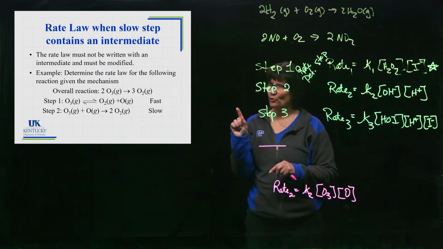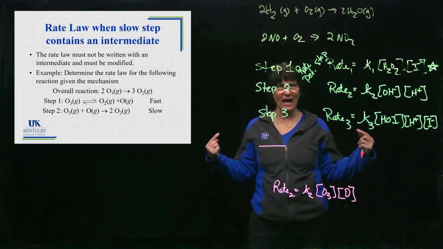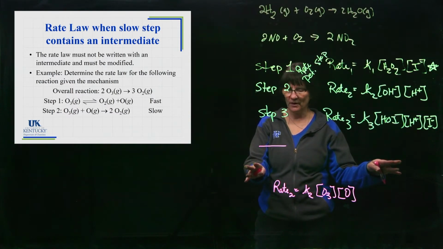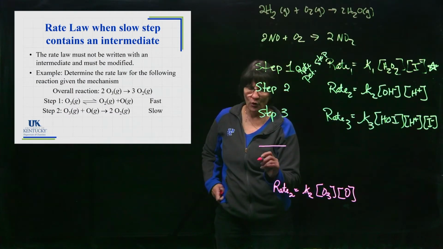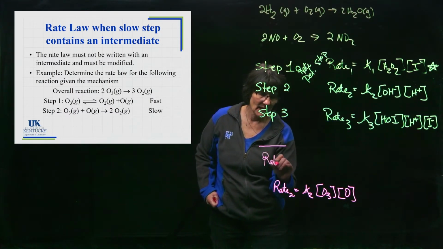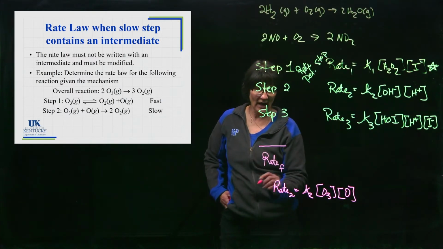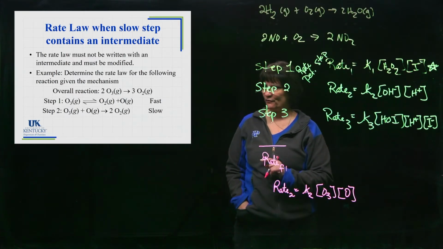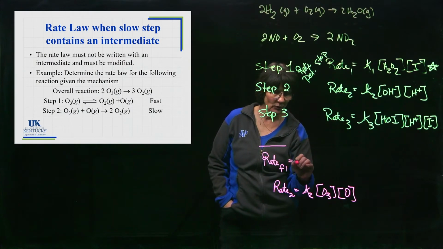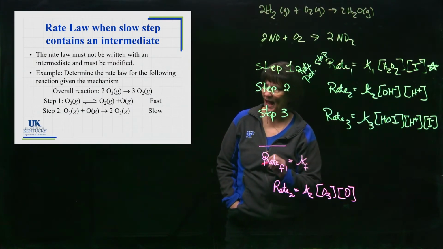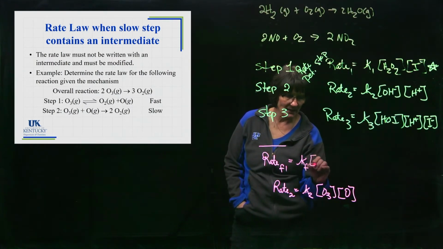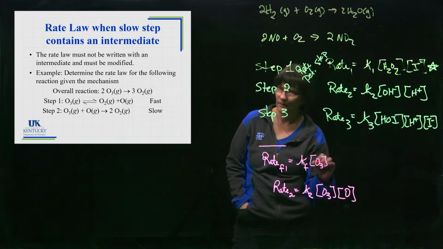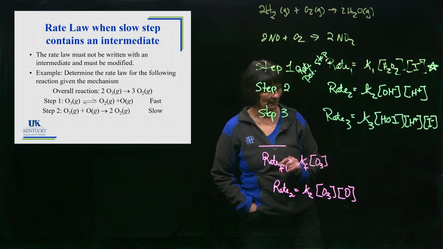I'm going to write the rate law for the forward and reverse reaction down above this here. For the forward reaction, the rate, and I'm going to call it F for the forward reaction with a 1 because I'm talking about the first reaction, would be equal to the K of that forward reaction times its reactant, which is O3, raised to the first power.